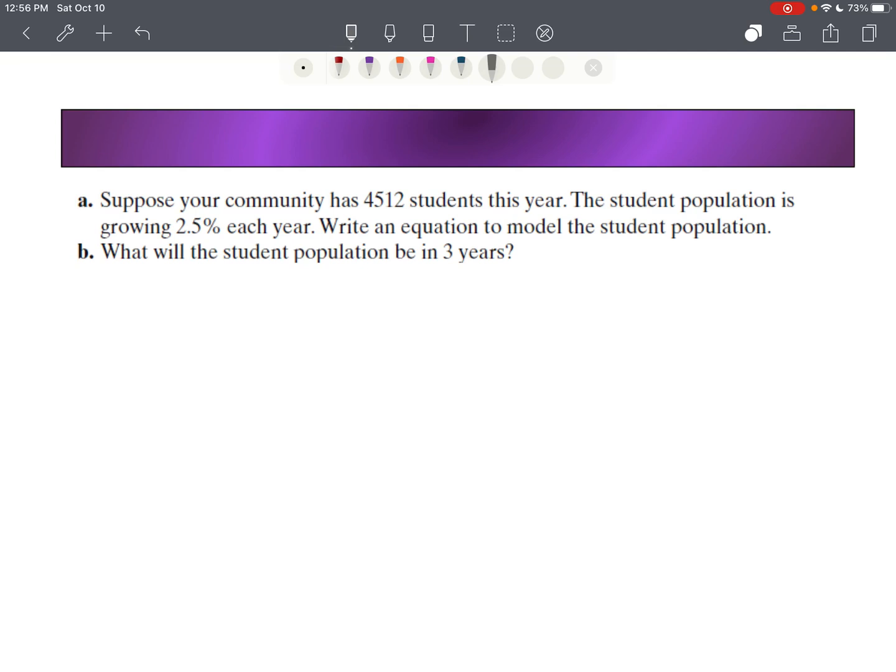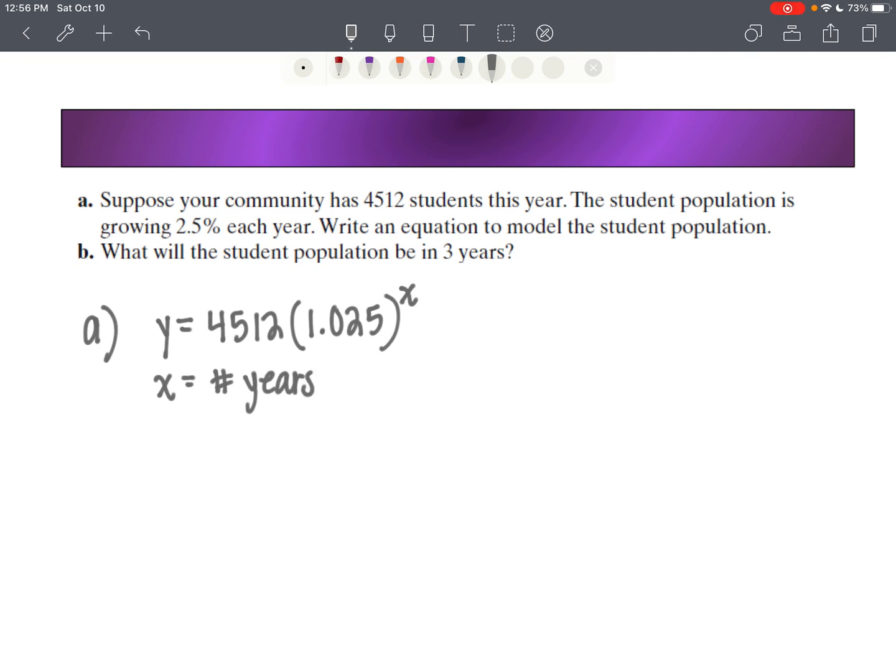Okay, hopefully you've pressed pause, you've tried this on your own. The answer to A, let's take that straight tool off. The answer to A is y equals 4512 times 1.025 raised to the x power, where x is equal to the number of years after initial population.